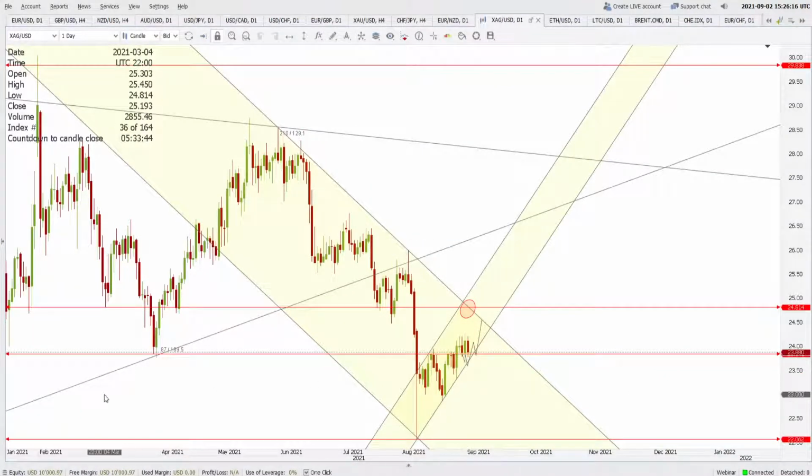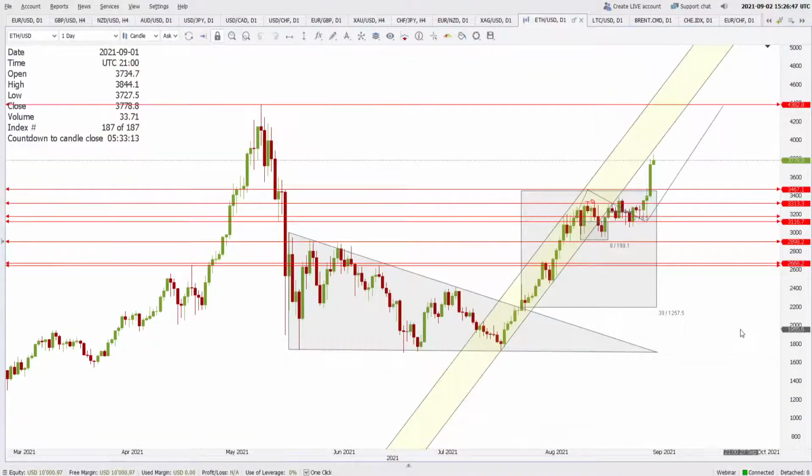Dead cat bounce is when the price starts bouncing back from where it has fallen, but not with much energy. So expect the price to go to maximum to 24.81 before it gets rejected and starts falling again to the level of 22.06. Of course, 23.84 will act as a small support for the price on the way down. But yes, if 24.81 gives good resistance, then we can see 22.06 again in the silver.